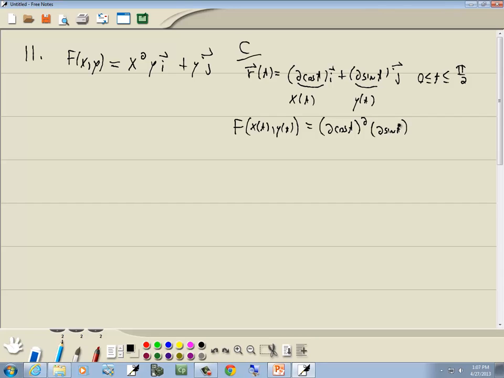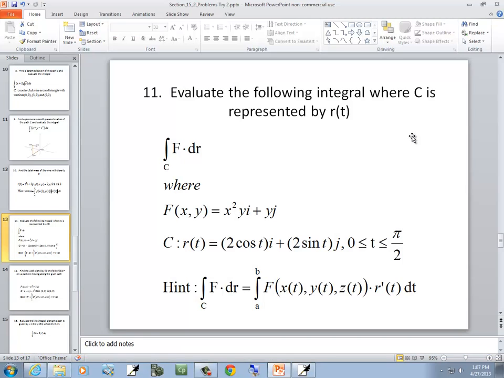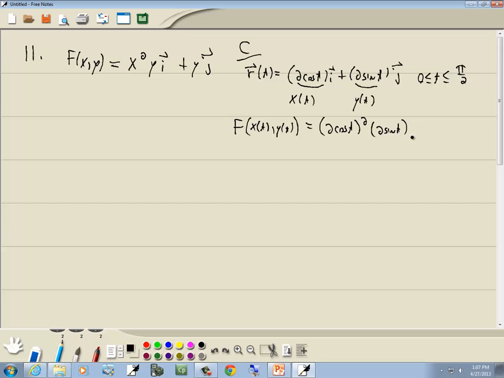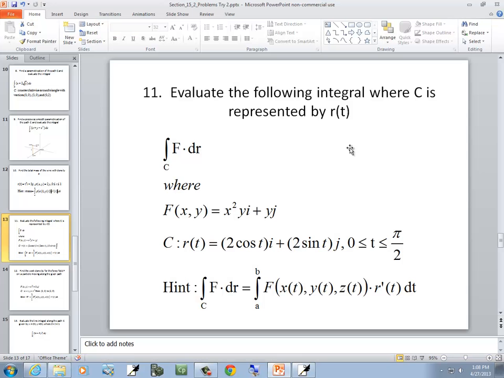I made this problem up. I wonder if this will actually even work. I plus, and then y, 2 sine t j. If we can't easily find the integral, I won't go through this since I made it up, and who knows what in the world I might have done. Okay, so we got that.